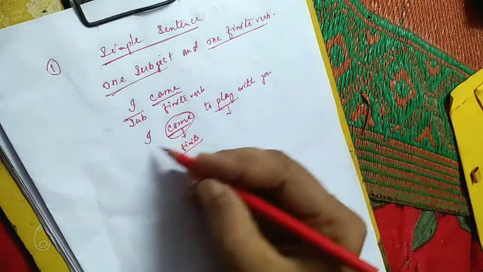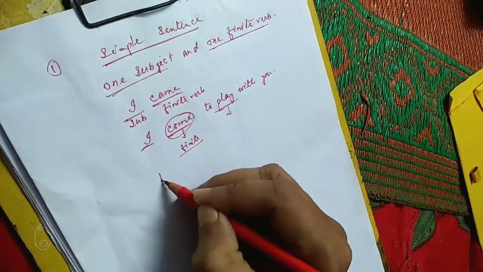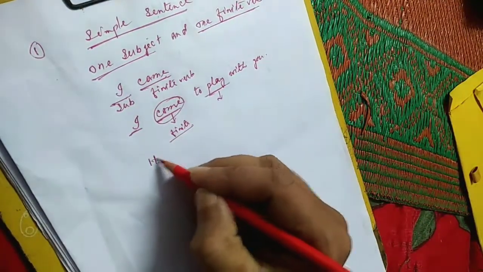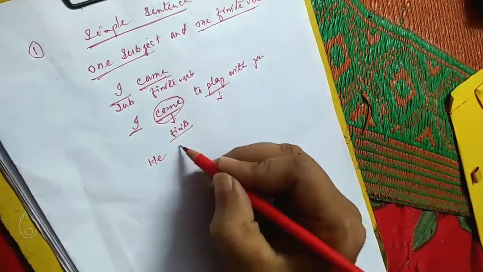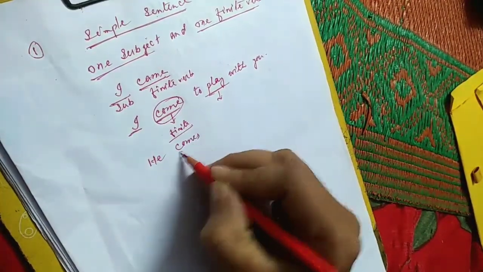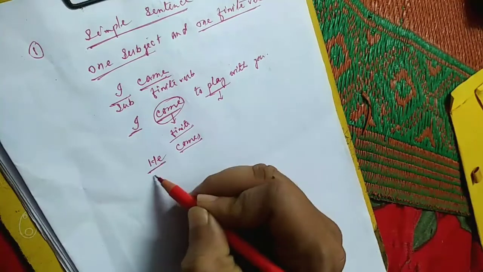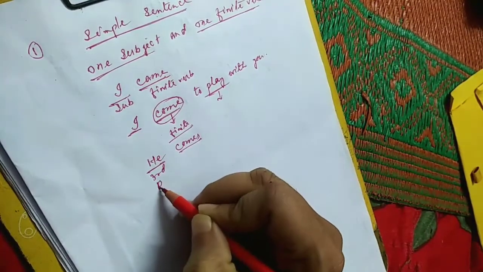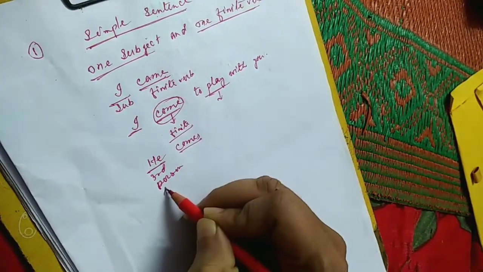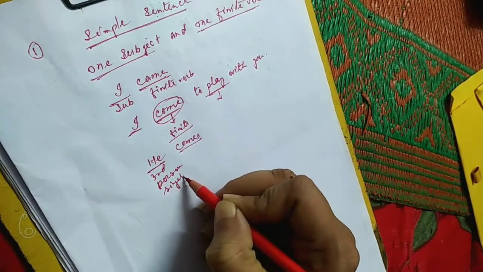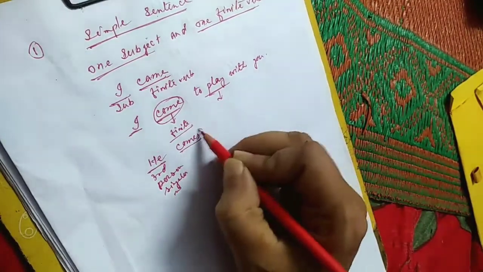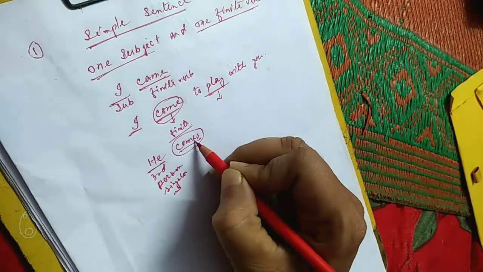Because if I change the subject, if I write he, then come will be comes, because he is the third person singular number. That is why s is added to the verb.